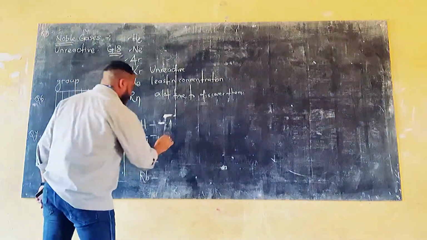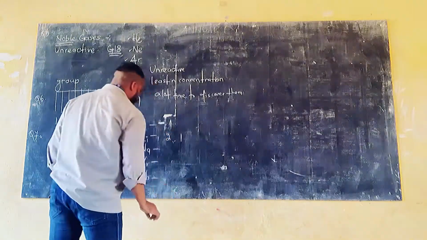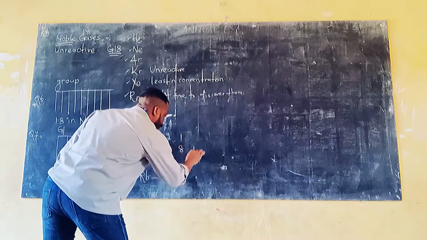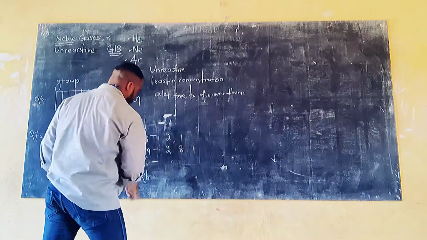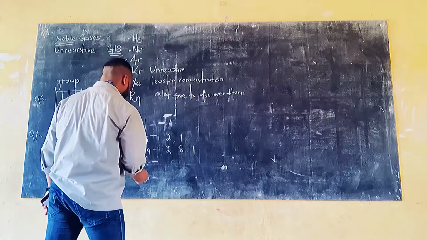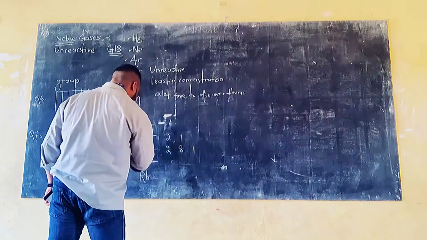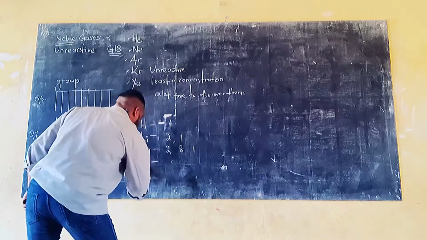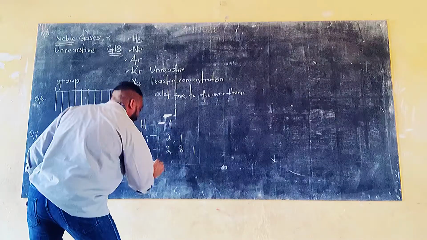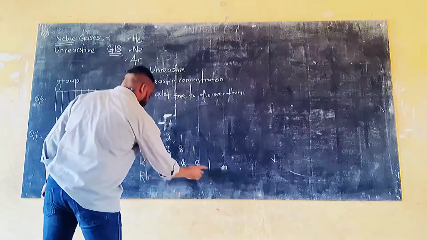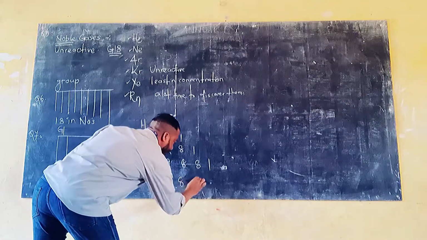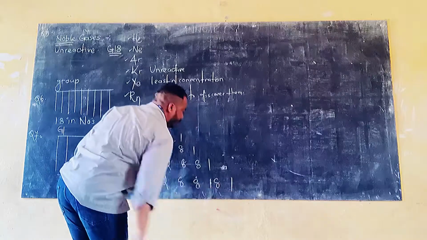Atomic number 3, lithium, 2,1; sodium, 2,8,1; potassium, 2,8,8,1.